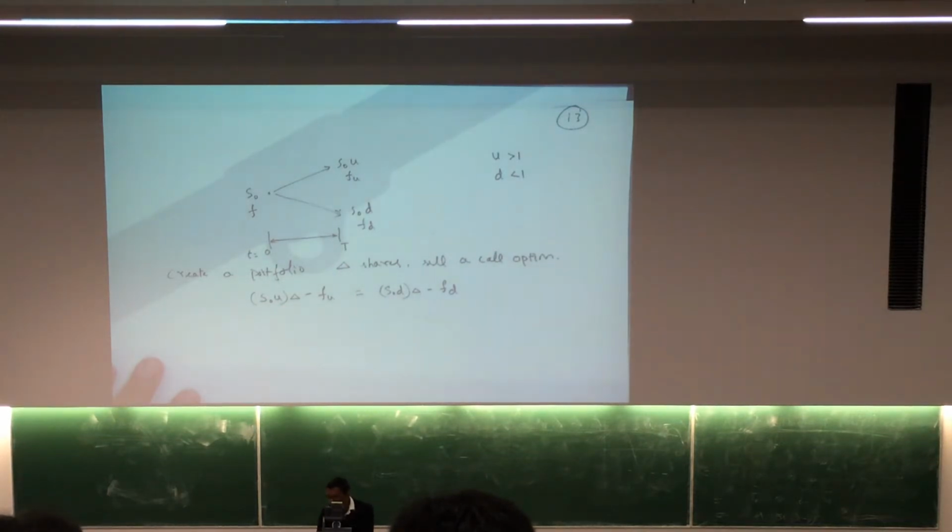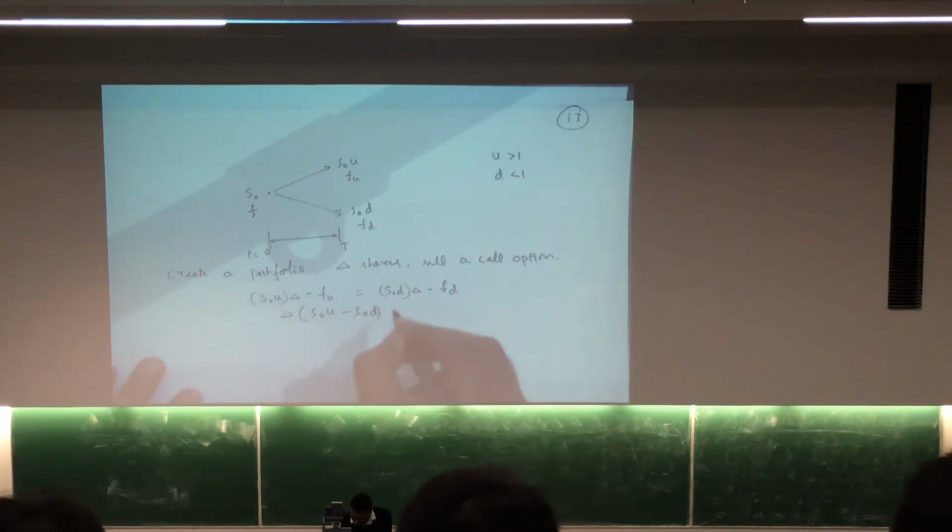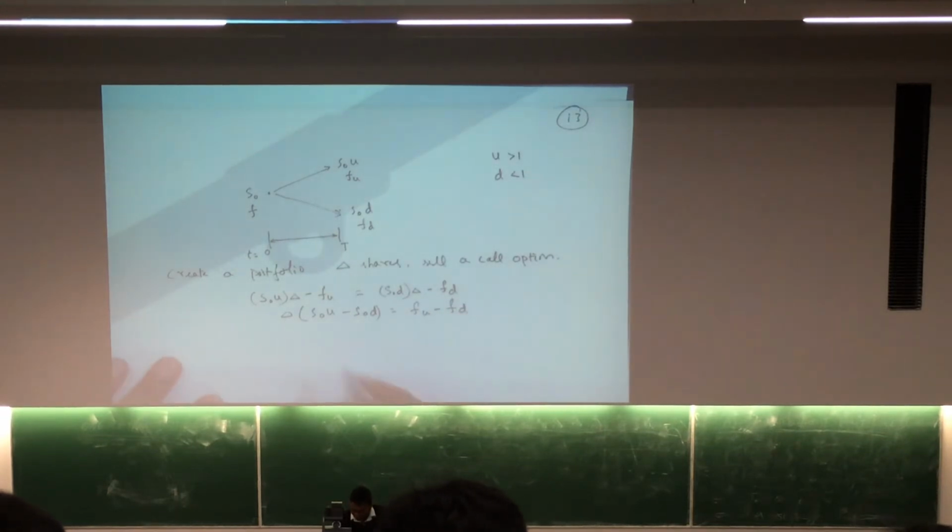So you have a simple equation, and by writing the following, you can bring this term here. Then you would say that S naught U minus S naught D equals FU minus FD.